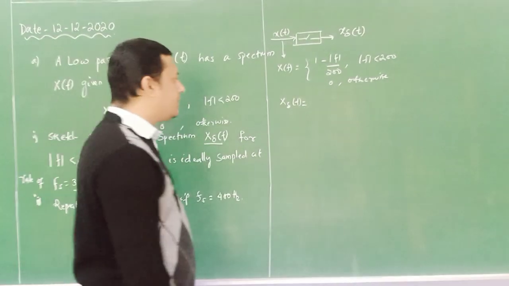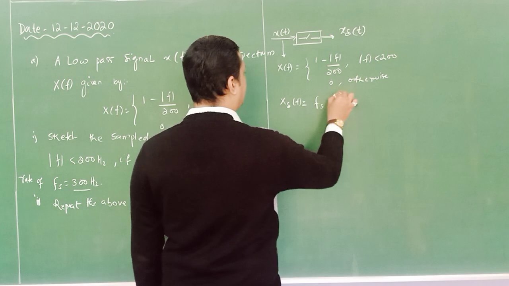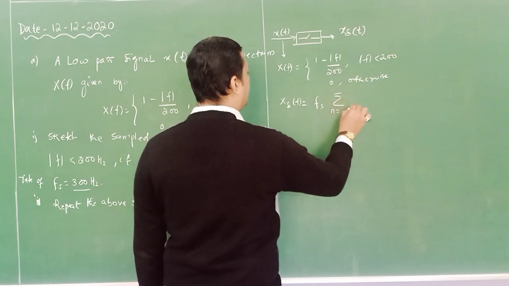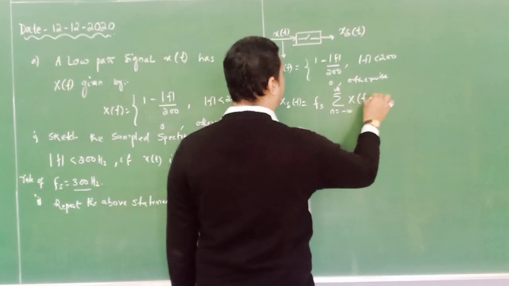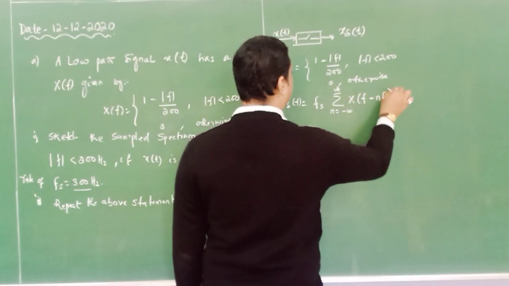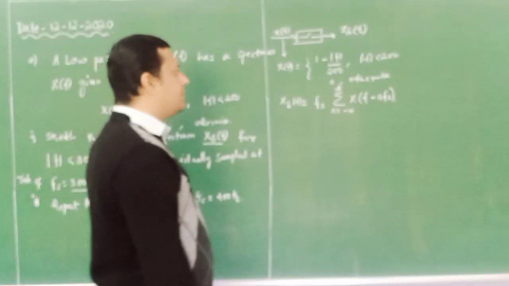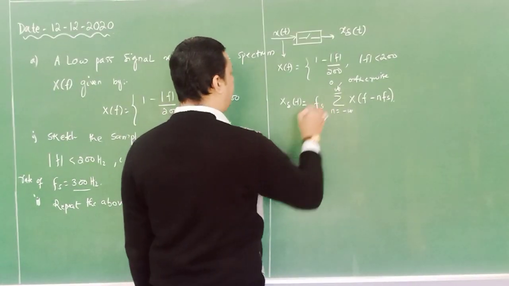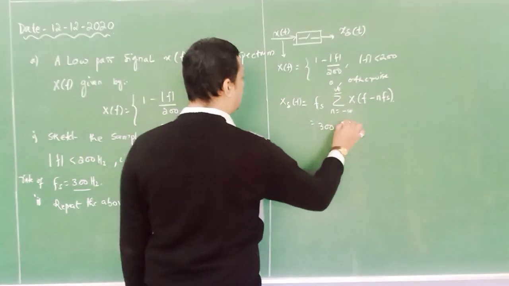Very simple. X delta of f is equal to fs, the general equation I am writing, summation n from minus infinity to infinity X of f minus n fs. So this is my general representation. Here fs is 300, so I will substitute 300.